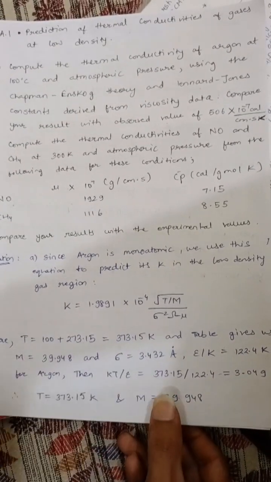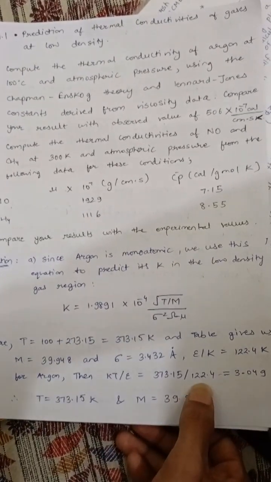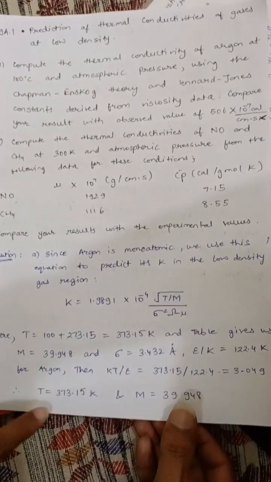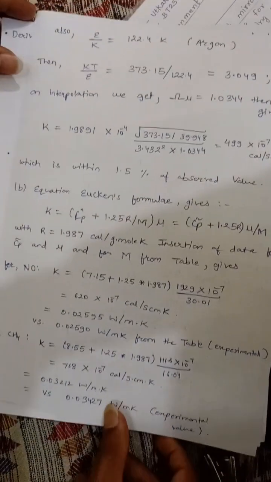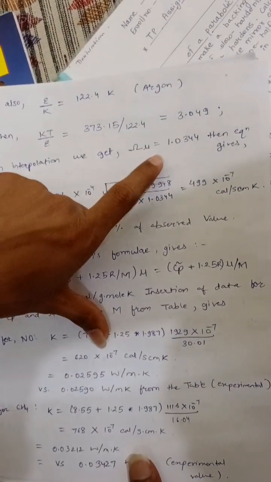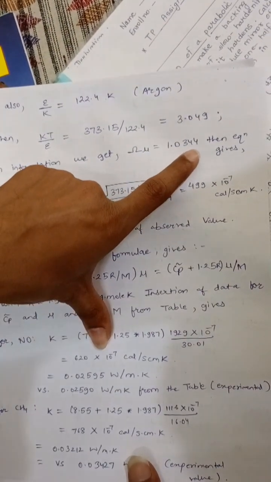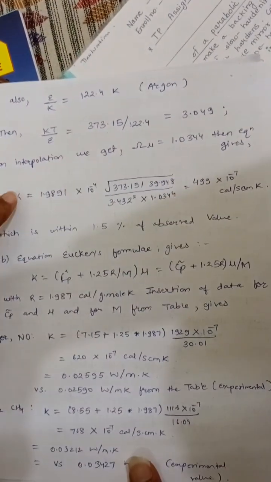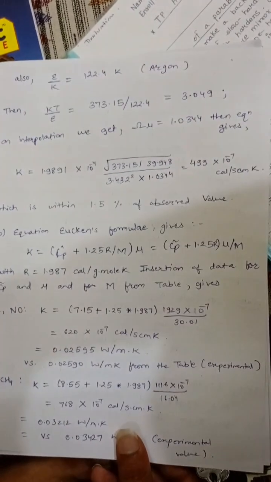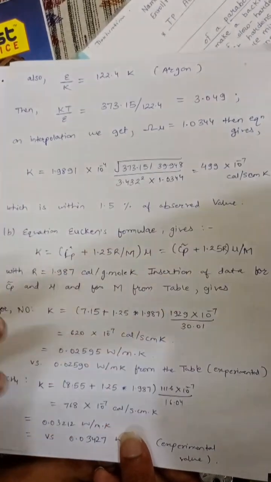Then kT by epsilon is equal to 373.15 upon 122.4. Substituting this value, we get 3.049. Now on interpolation, we get omega comes out to be 1.0344. Then the equation gives us this value, which is within 1.5% of the observed value.